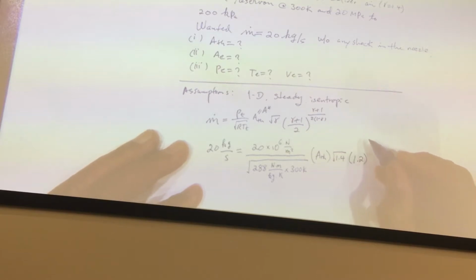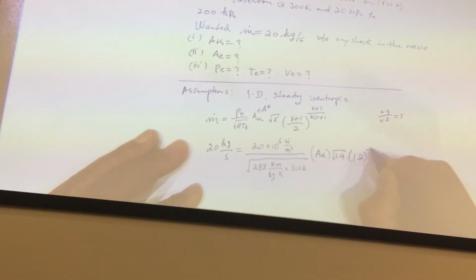So it becomes what? 2.4, this is 3, minus 3.